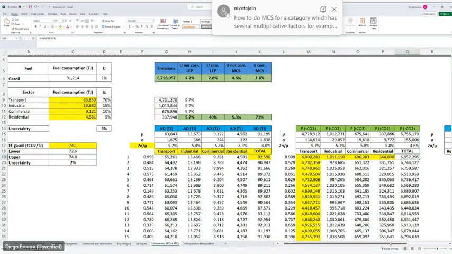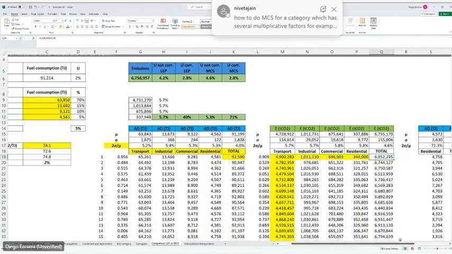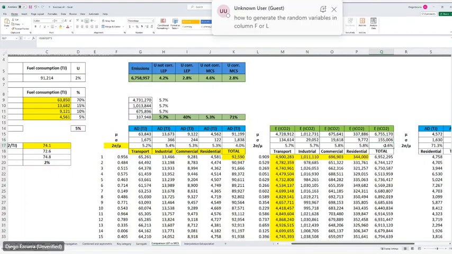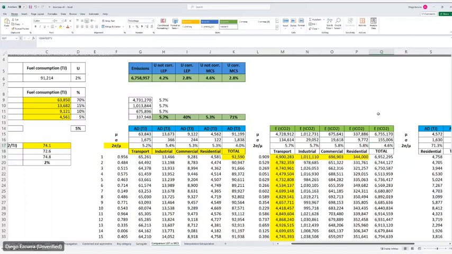So now what I can do is just get the average value of this result. I can get the standard deviation of this result, and I can calculate the coefficient of variation, or the uncertainty in reality, 2 times the standard deviation divided by the mean.